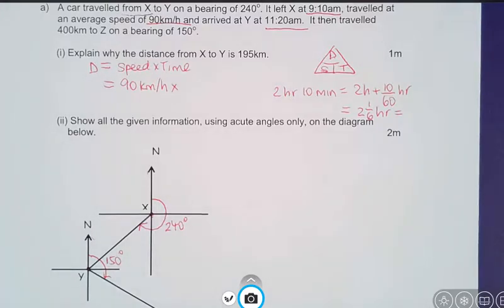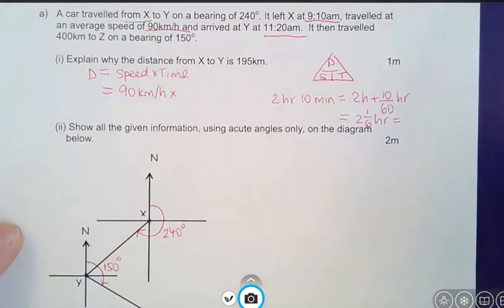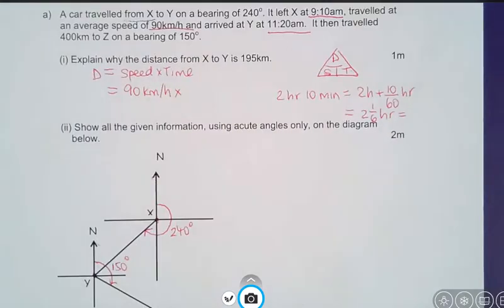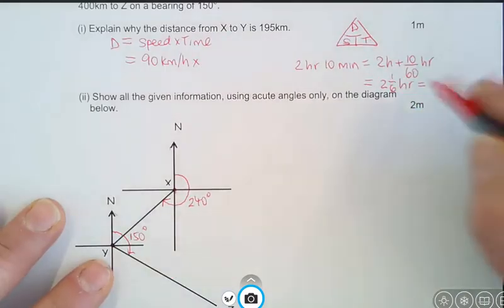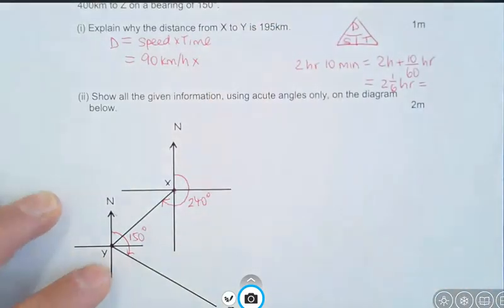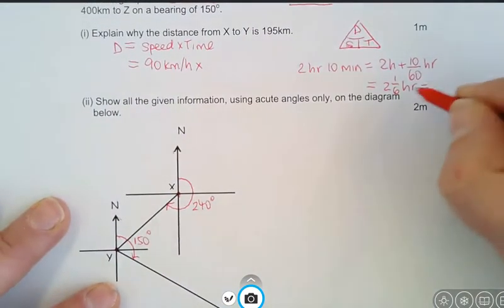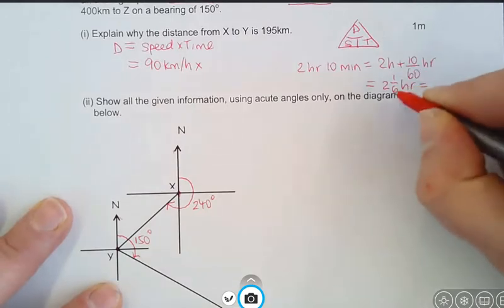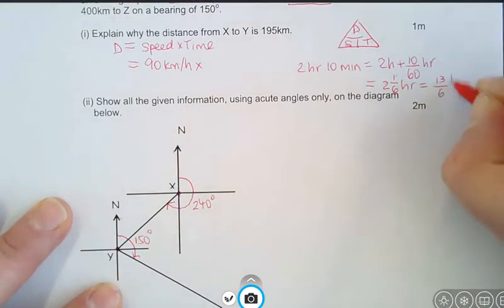Okay. All right. So, girls, what are you going to do with this now? What are you going to do with that? 2 and 1/6 hour. I mean, you can just times by 2 and 1/6, but it would be nicer to change this to what? An improper fraction. So that's 13/6 of an hour.